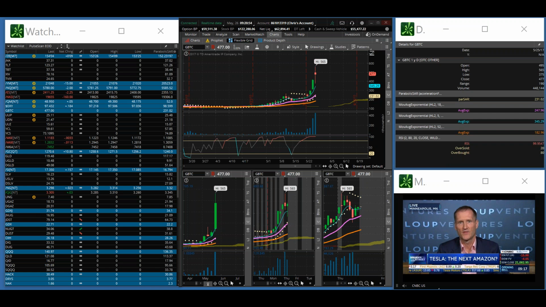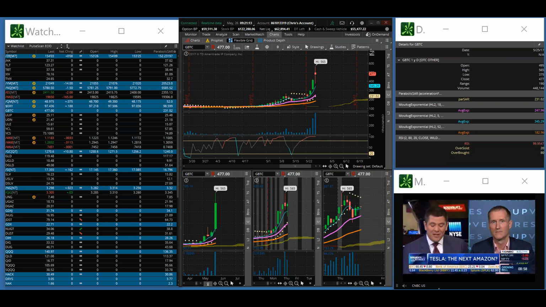Now I was reading in the chat room that someone noticed that the stop runner price trigger was a little off, and you're absolutely right. That's because when I did the upgrade, I forgot to include that particular indicator.